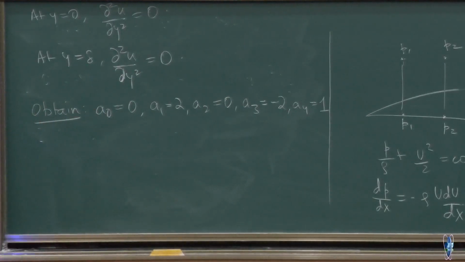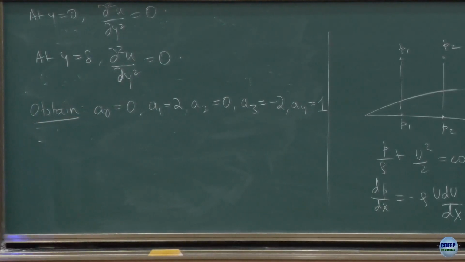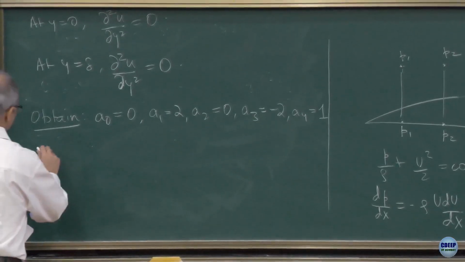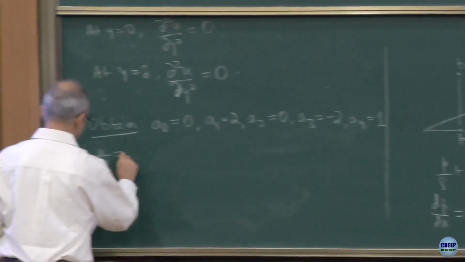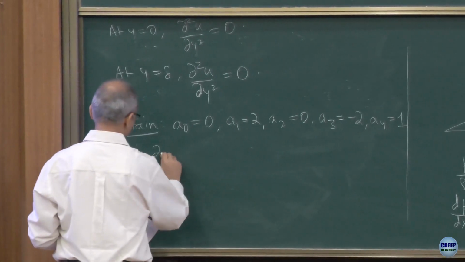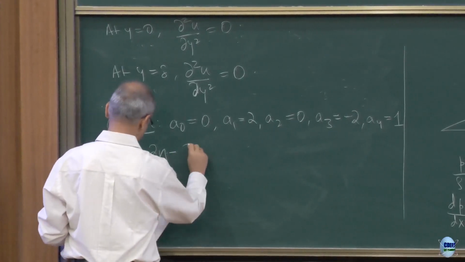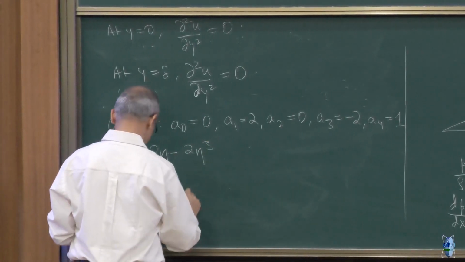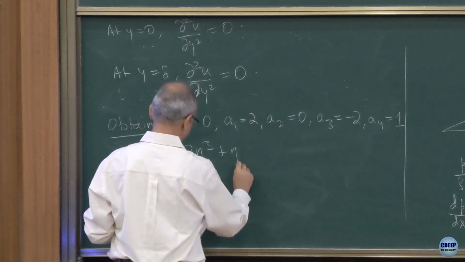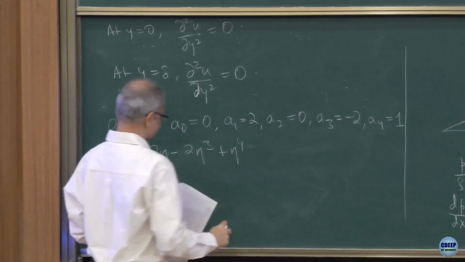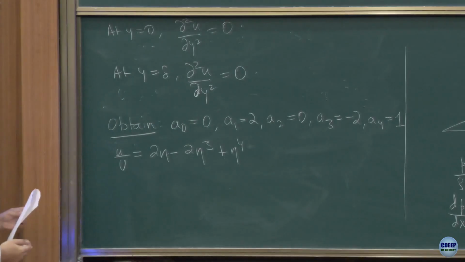Any questions here? So I get u by capital U as equal to 2 eta minus 2 eta cubed plus eta to the 4. So this is the equation that I get.